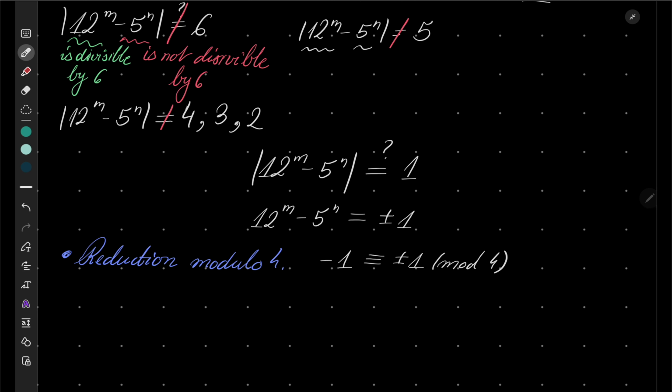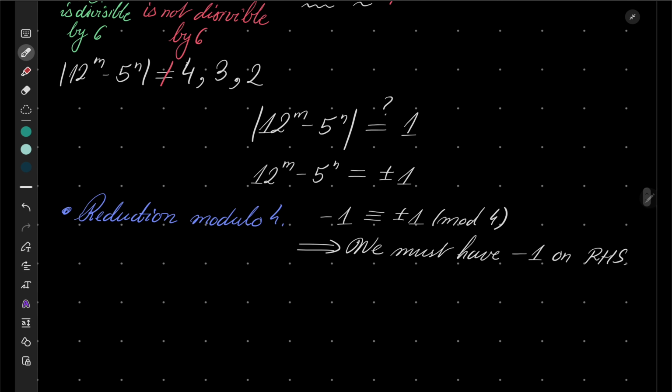And now it's obvious that on the right hand side it must be minus 1, because minus 1 is not congruent to plus 1. So now we know that 12 to the m minus 5 to the n should be equal to minus 1.